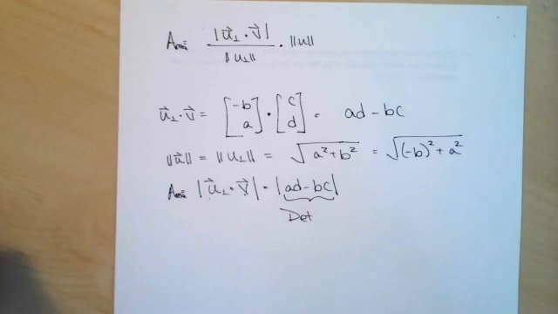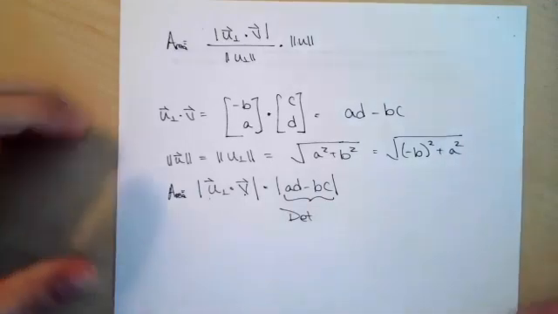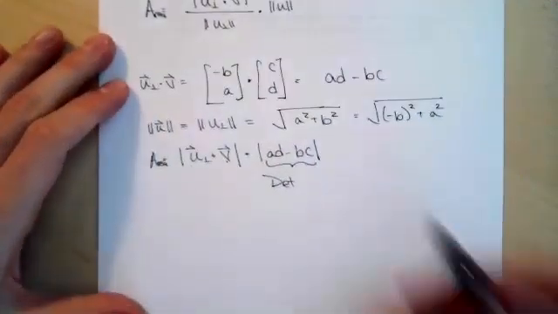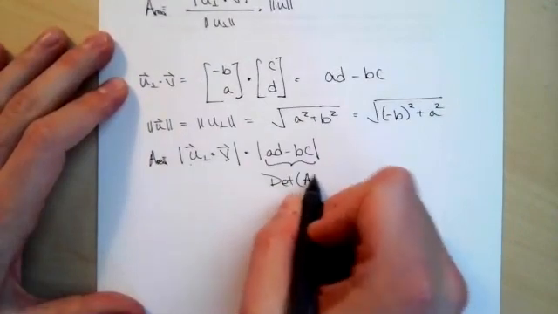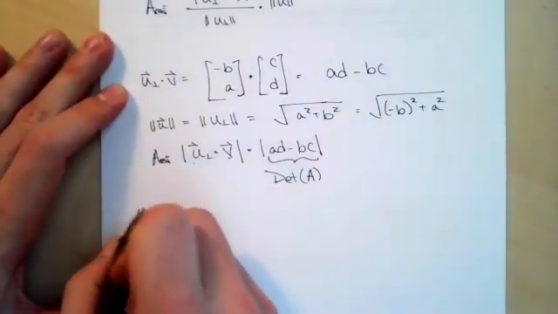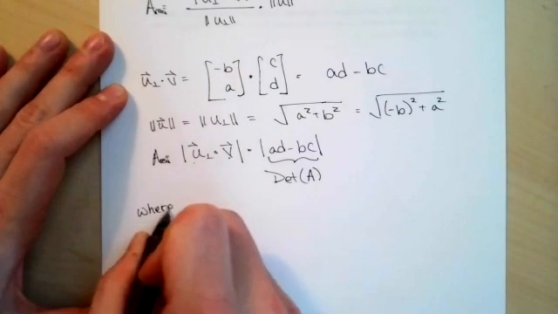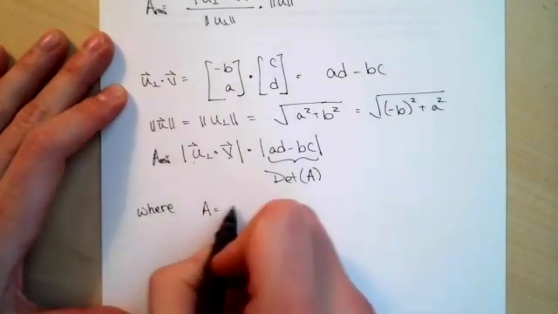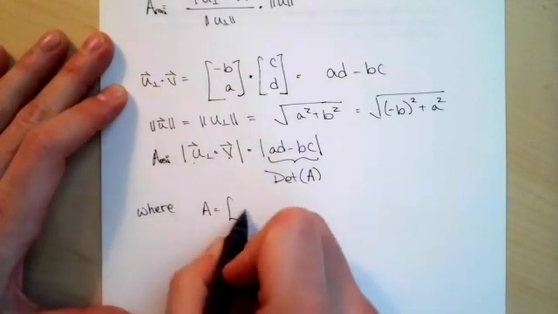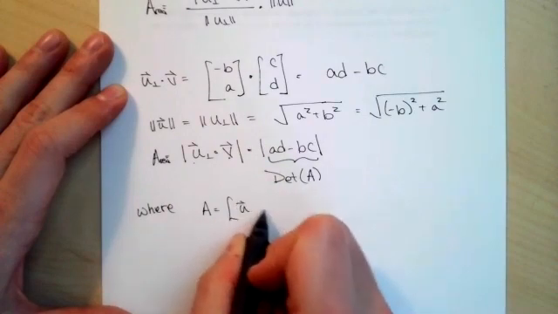Actually, they're not terribly different in terms of linear algebra. So this I'm going to call the determinant of A, where A is our matrix formed by the vectors u and v.